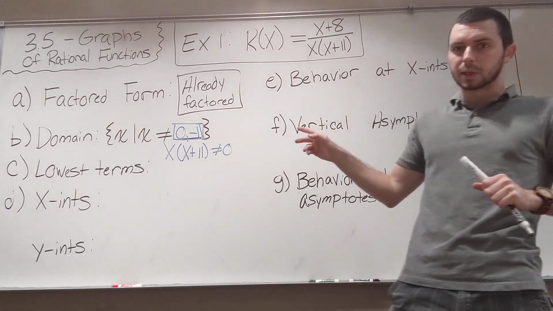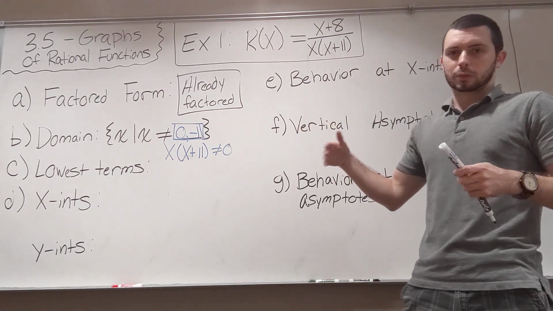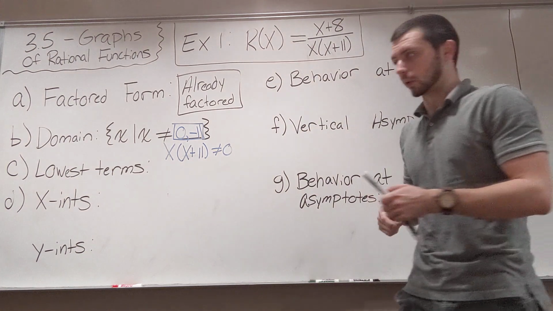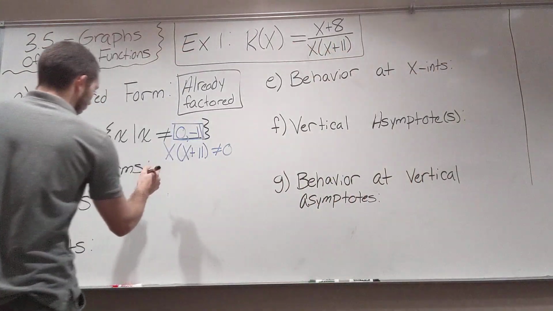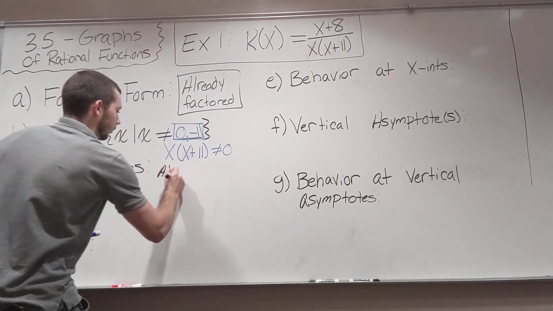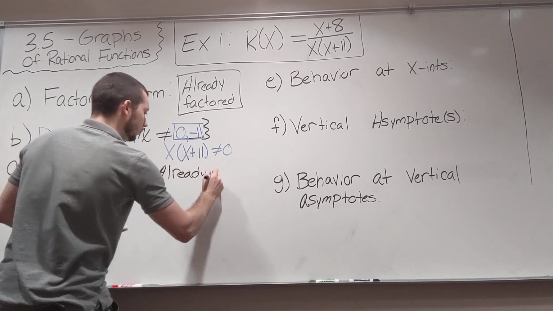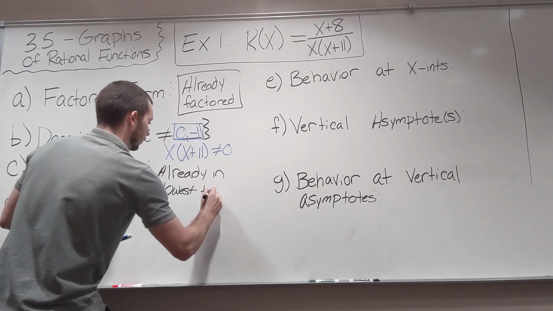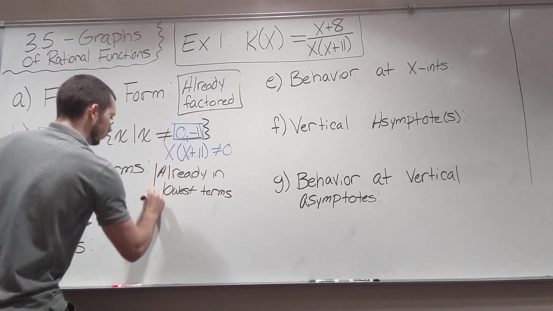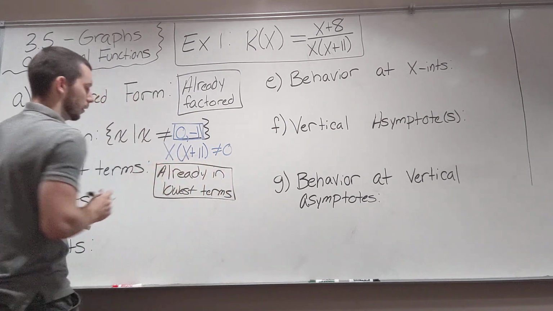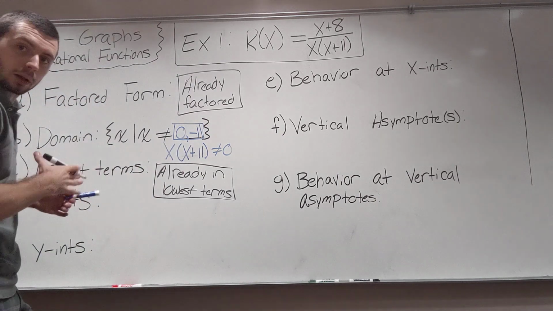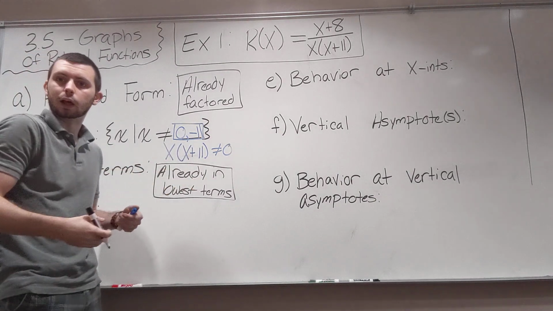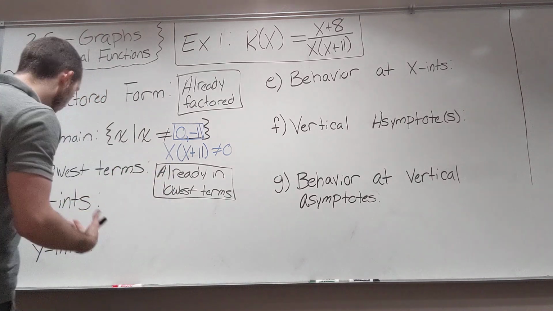For the time being, we're just going to say that it's already in lowest terms, and there is an option for that. Again, we'll see other problems that don't have this conclusion, where we have to apply one additional step.